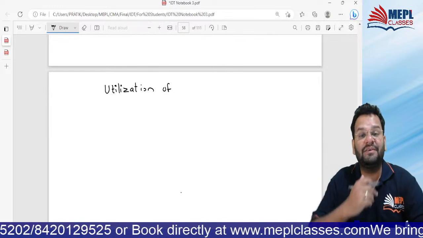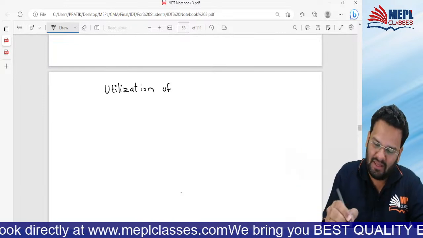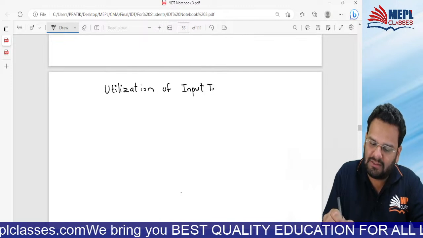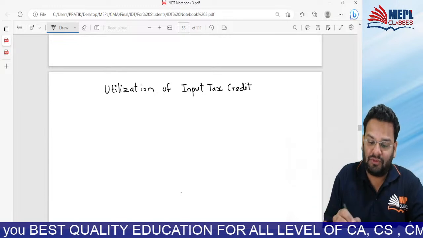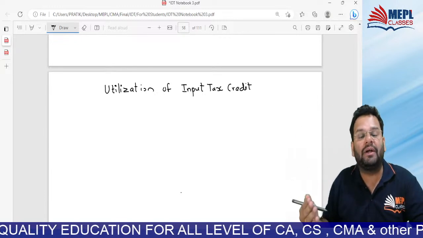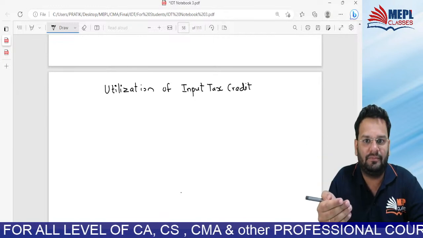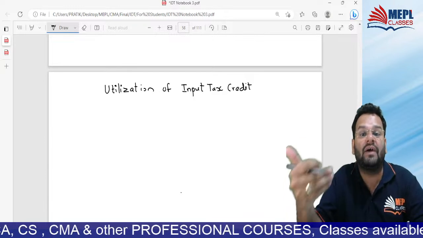For the simple reason, ITC will be used to pay output tax. Of course, after this utilization, we have to go to other points, like in which cases ITC will be blocked. We have to check that. We have to also check apportionment of ITC.